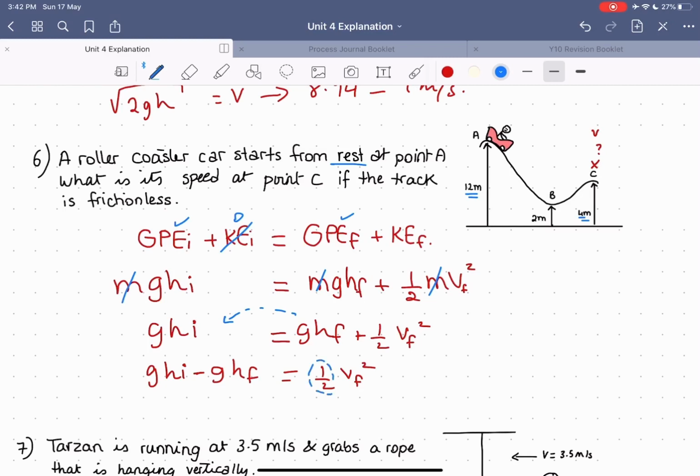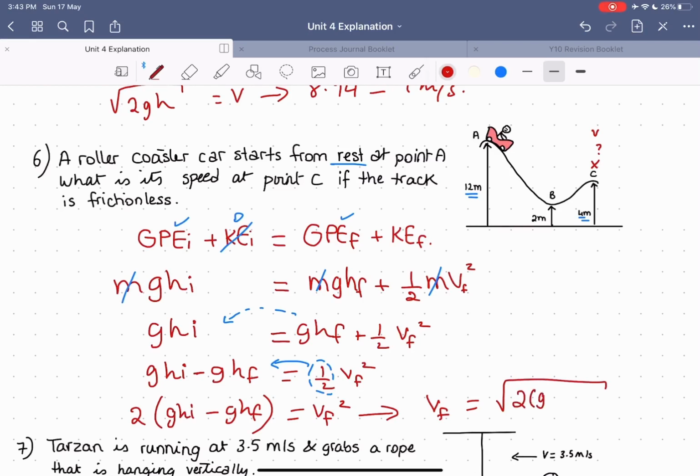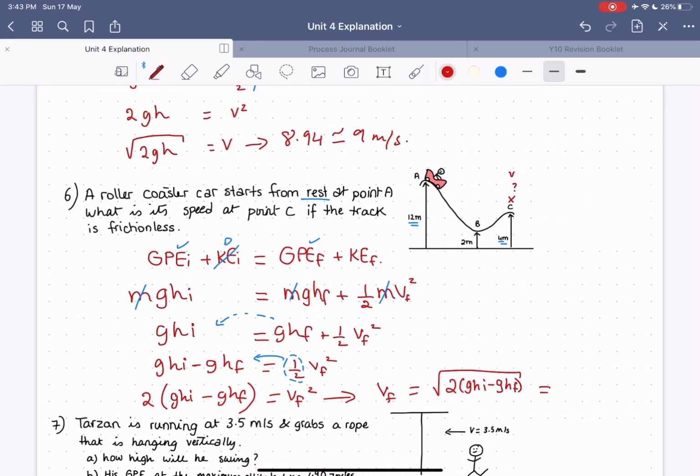Now take the half to the other side. It will be ghi minus ghf multiplied by 2 is equal to vf squared. So vf is equal to the square root of 2 multiplied by (ghi minus ghf). And by doing the calculation on the calculator, we will get 12.65 meters per second.